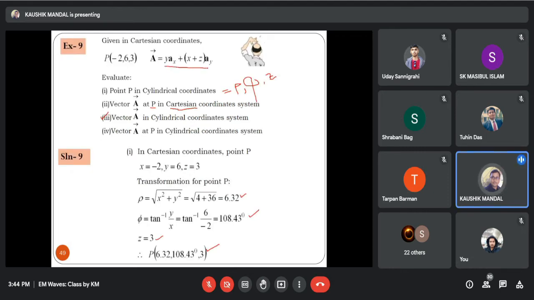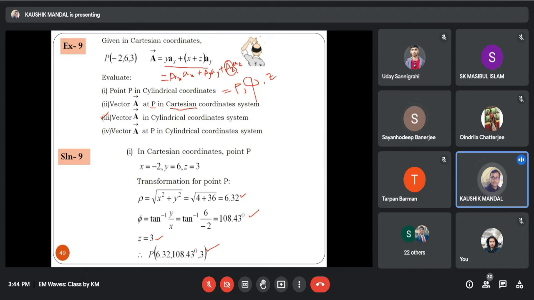From this equation, what will be Ax? It is Ax into unit vector ax plus Ay into the unit vector ay plus Az into the unit vector az. So as per this equation, what will be the value of Az?